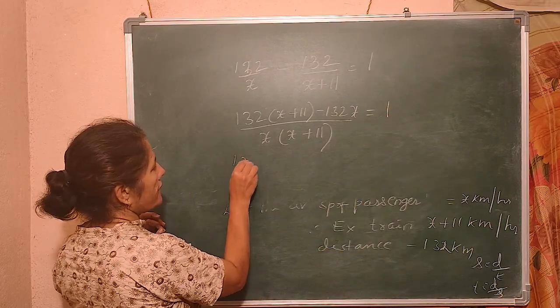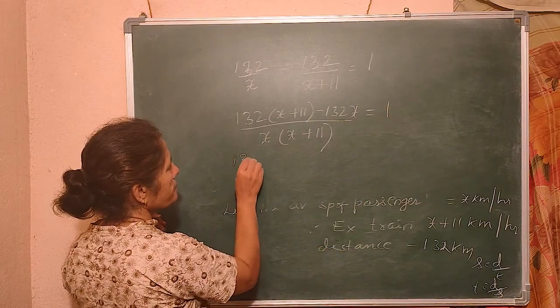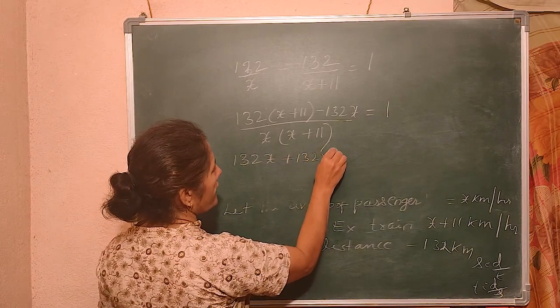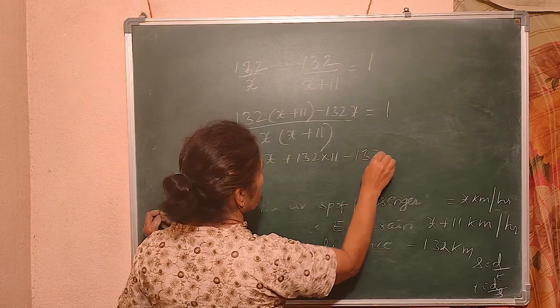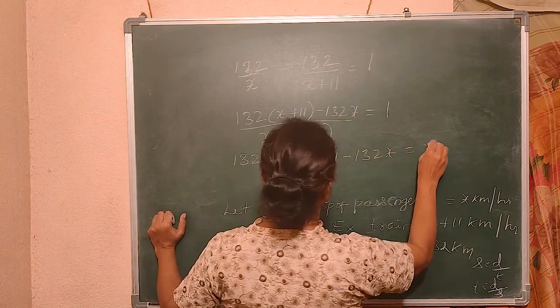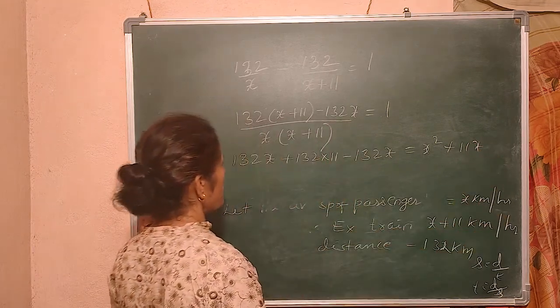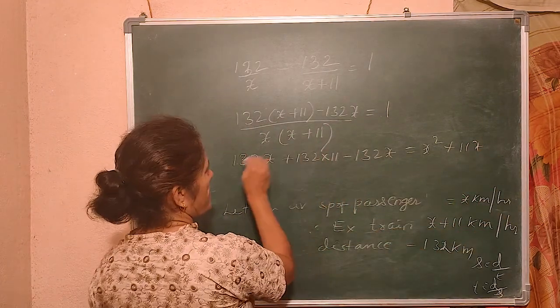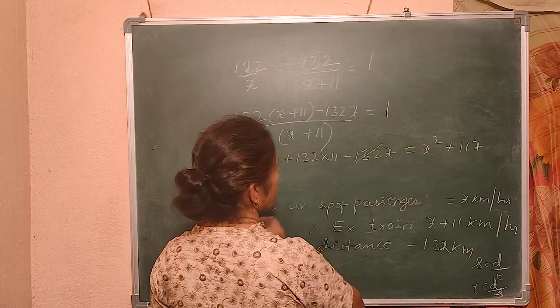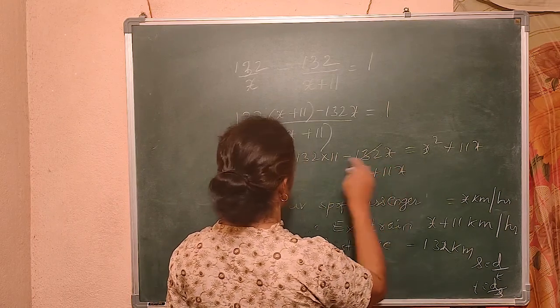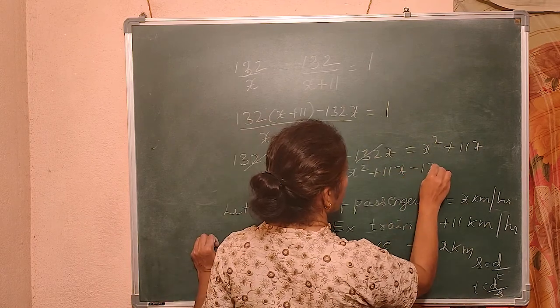So you get 132x, take out the bracket, plus 132 into 11 minus 132x is equal to x squared plus 11x. Right? So you get 132x minus 132x. So x squared plus 11x minus 132 into 11.